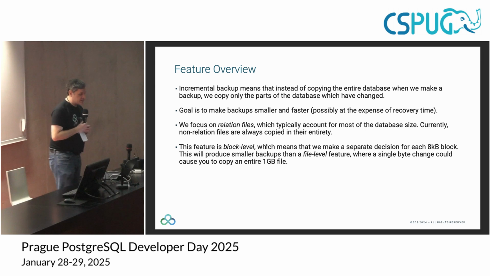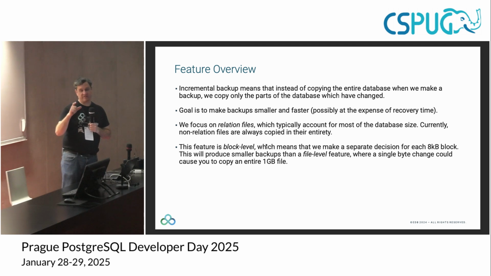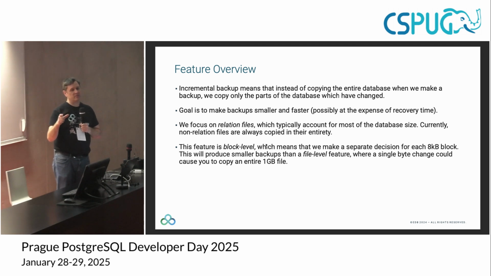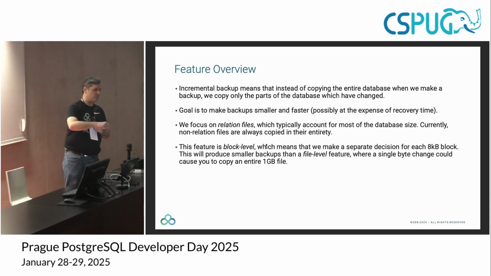On the positive side, this is a block level feature. So PostgreSQL typically stores relations, again, I mean tables and indexes, in files of up to 1 gigabyte in size. So if you had a file level incremental backup feature, that would mean that you could insert one row into the table and then have to copy an entire gigabyte of data because that 1 gigabyte file had changed.